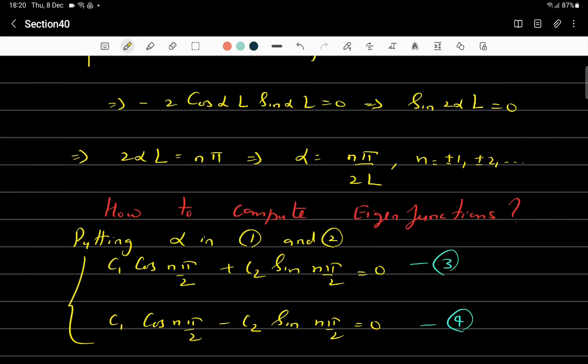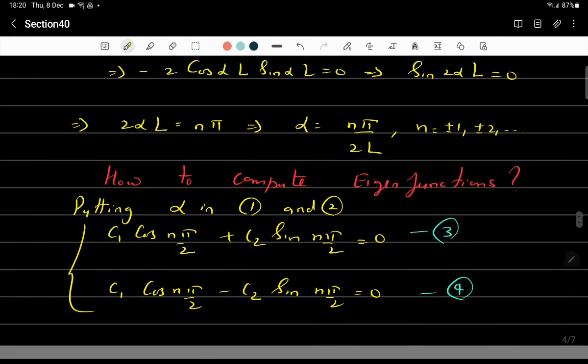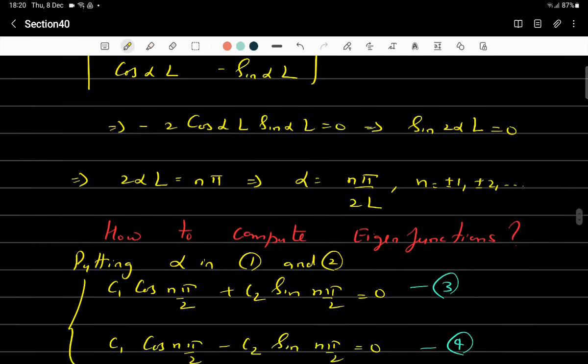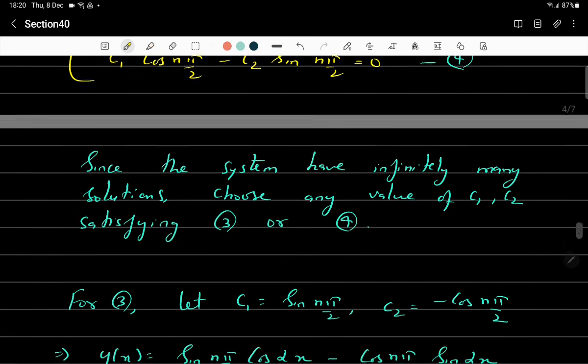So for example, if I choose equation 3, then I consider c1 as minus sin n pi by 2 and c2 as cos n pi by 2.